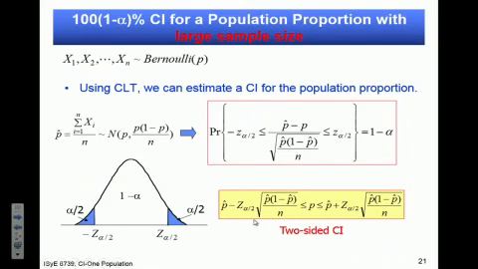You can define success as producing a non-conforming part. You can define success as basically being a woman in a population. You can define it basically as a percentage of votes to a specific candidate, you know. So you have one parameter called P.